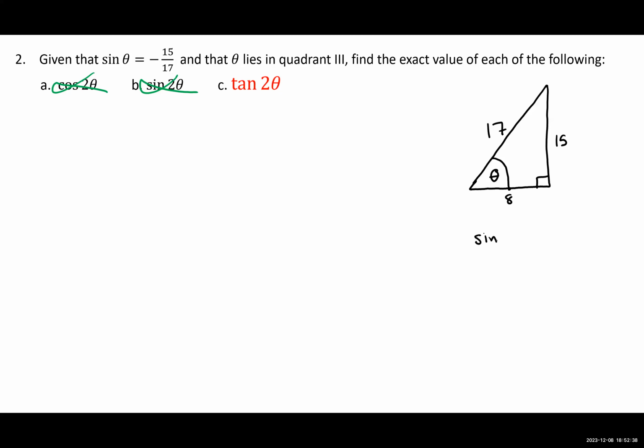I don't think we're going to need it for this one, but we saw that the sine of theta is opposite over hypotenuse. The cosine of theta is adjacent over hypotenuse, 8 over 17. And then the tangent of theta is opposite over adjacent.